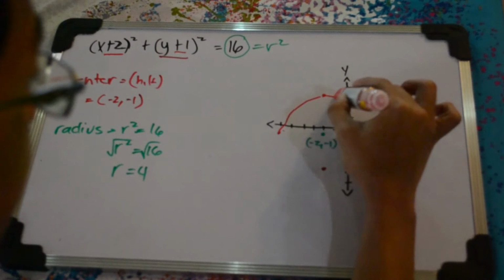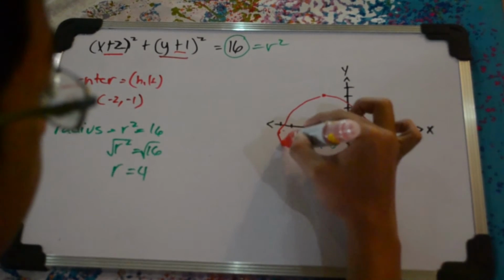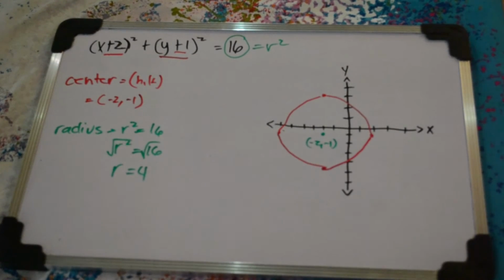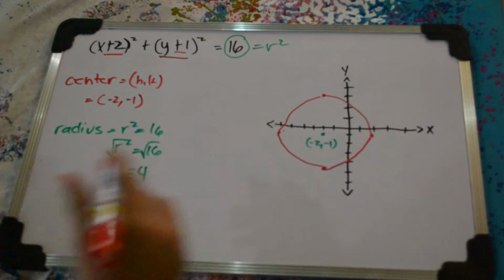So from here, then here, and here. After tracing it, you need to name the points.